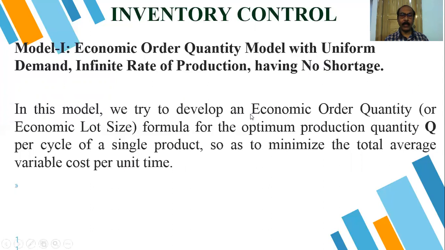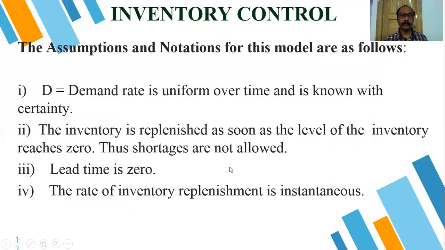First we find the EOQ formula for the optimum production quantity Q per cycle of a single product. We are considering a single product, so as to minimize the total average variable cost per unit time. If we say it only in words, it may not be clear to you, so it is better if we move to the diagram.